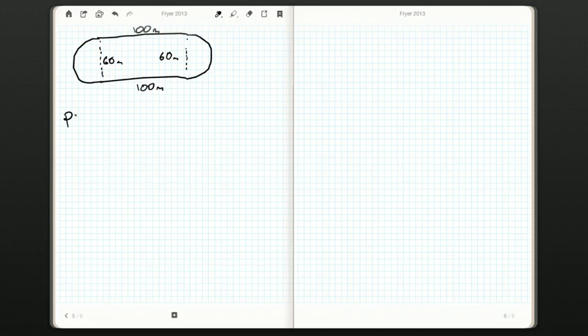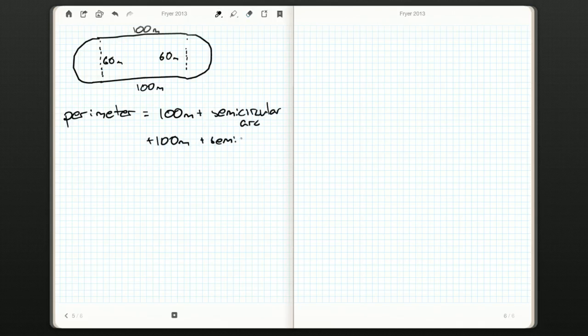Okay. 100 meters plus the semicircular arc, plus another 100 meters, plus another semicircular arc.